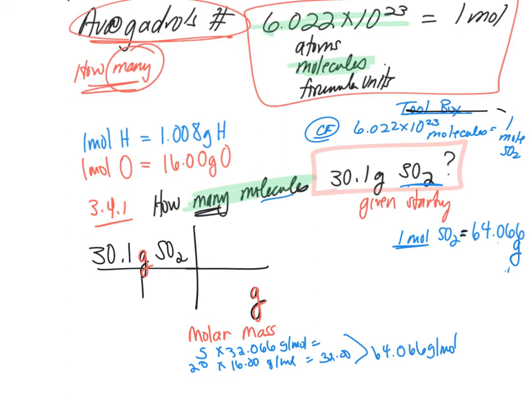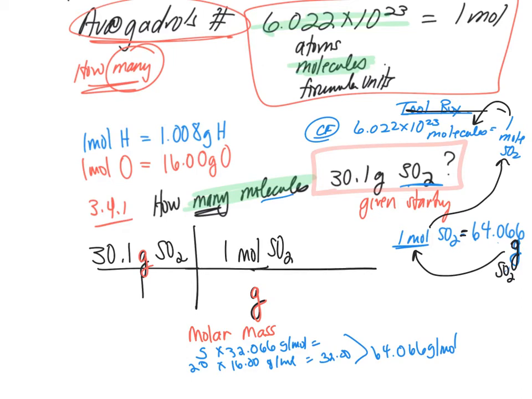Okay, so these are your toolbox conversion factors. You can see that you can go from grams of SO2 to moles of SO2, and then you can go from moles of SO2 to molecules. So this is our path. We put grams here because we don't want it, and we can go to mole, 1 mole of SO2. But it doesn't ask for moles, it asks for molecules. And so then we have to put mole on the bottom for 1 mole of SO2.